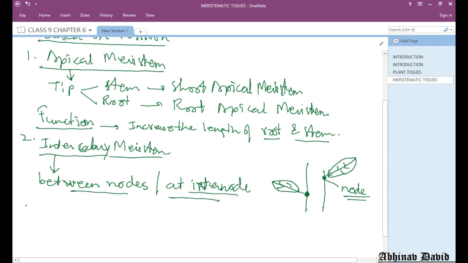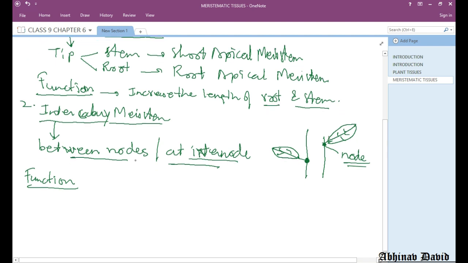And what is the function of that? Function of intercalary meristem, very easy. I already told you meristematic tissues are responsible for growth, so intercalary meristem is also responsible for growth. But growth of what?